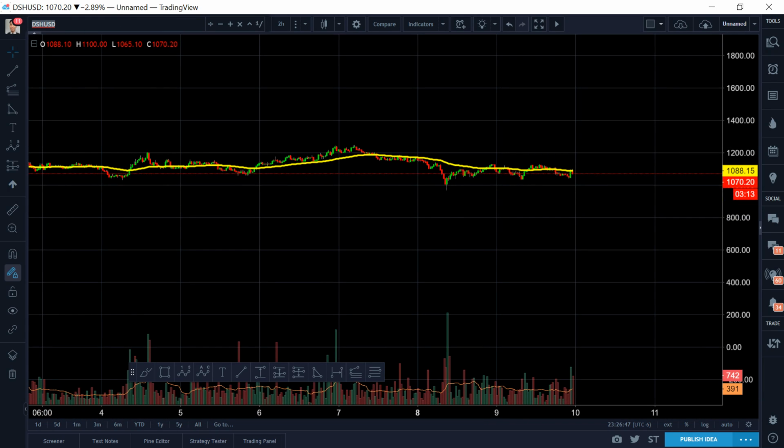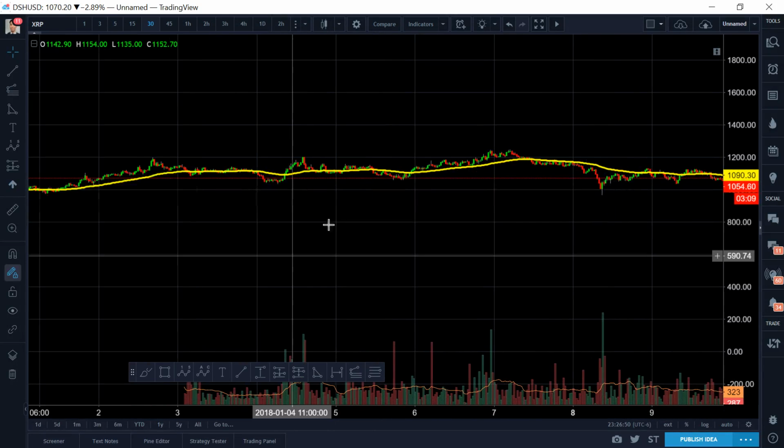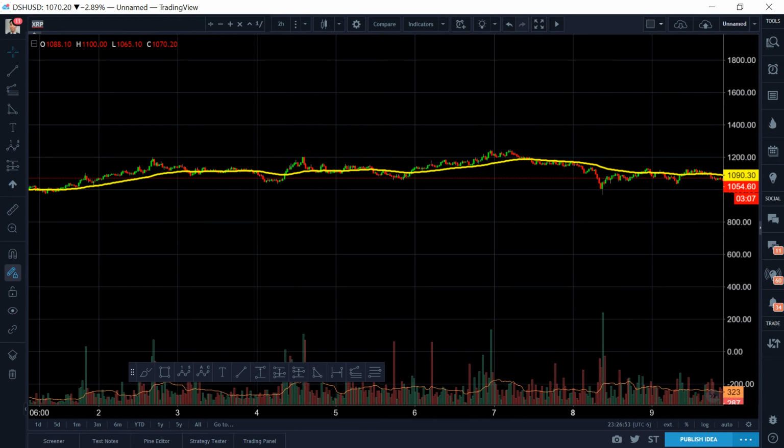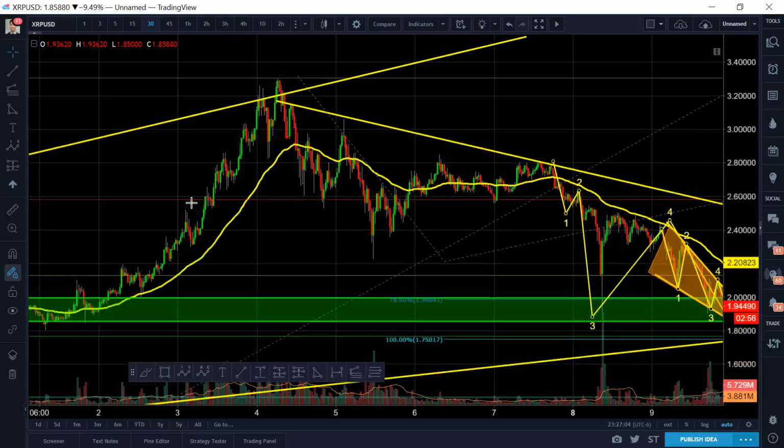So anyways, Dash did that, and it did that when it was around, I think it was $315. That's when I did the analysis predicting 700 plus. I think it was that one, or I might have predicted 400 as target 1.